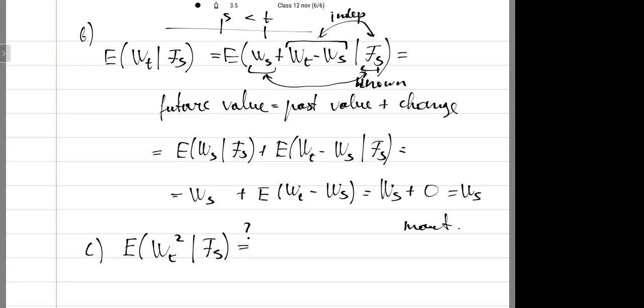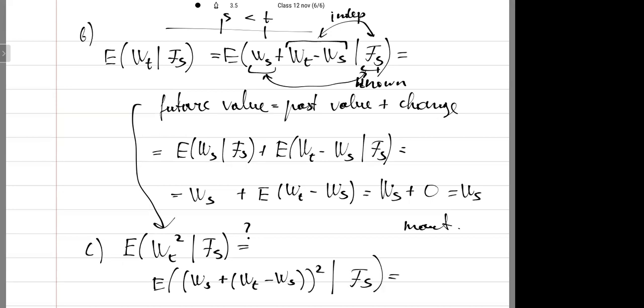I will leave you the choice of the function. Let's calculate the expected value of Wt squared given Fs. I use the same easy trick: future is past plus change. So it's Ws plus (Wt minus Ws), squared, given Fs.